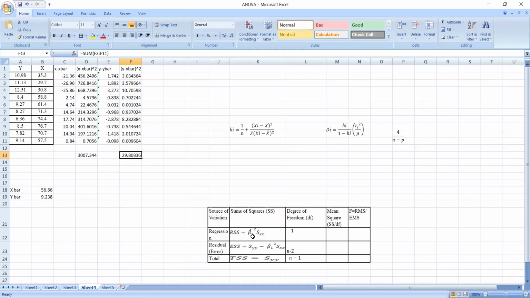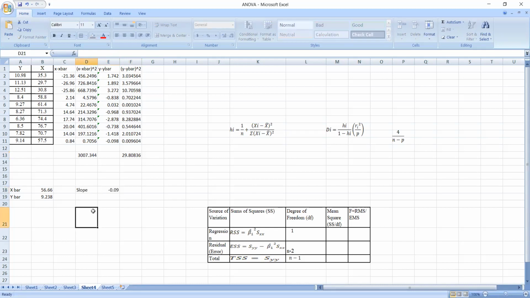If you remember the beta 1 value we calculated using our data set, it is minus 0.09. I'm not going to calculate the beta 1 value again, so let's take our beta 1 value as minus 0.09. This is the slope.